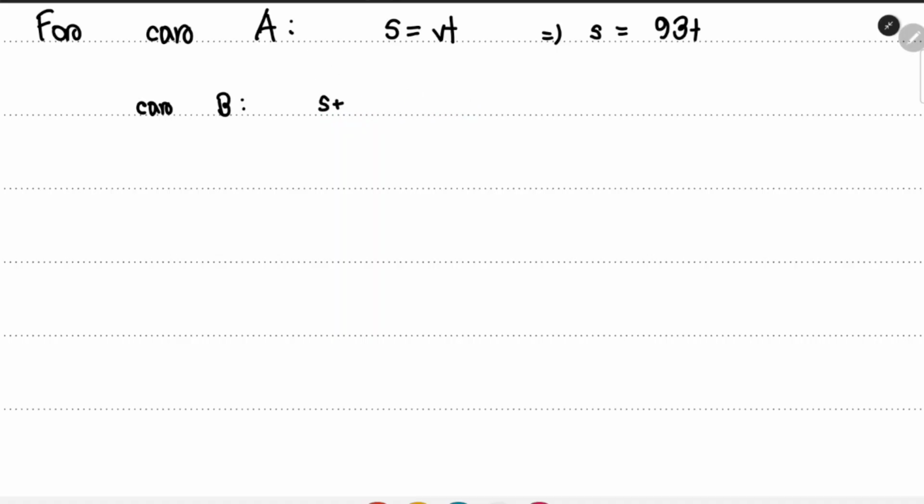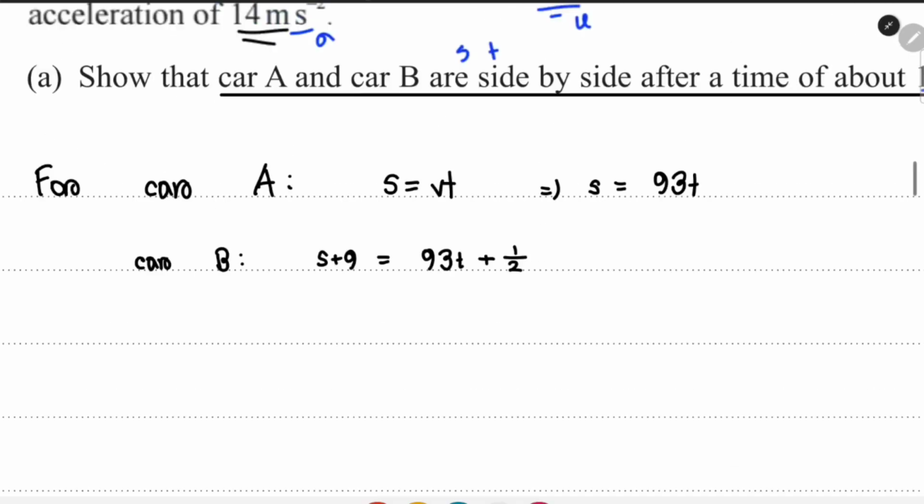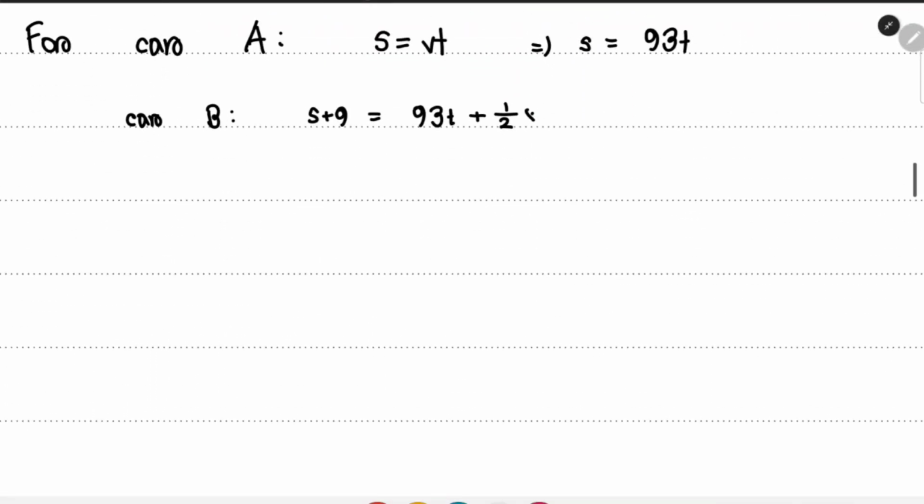So we have s plus 9, the distance covered, equals u, which is 93t, plus half, the acceleration over here is given 14, half into 14 into t squared. Now we can replace this s with this because they are the same s. So we have 93t plus 9 equals 93t plus 7t squared.